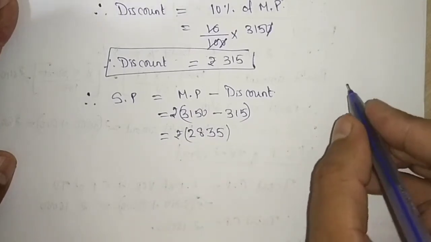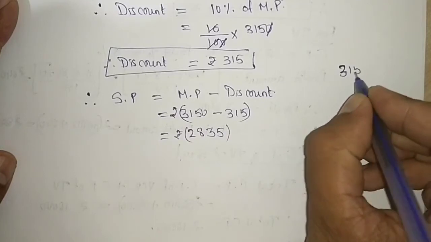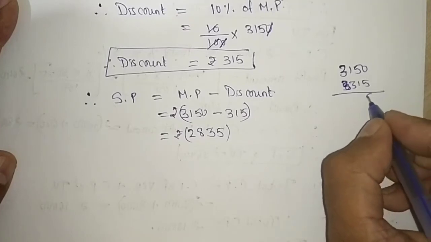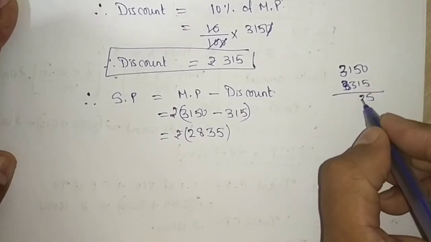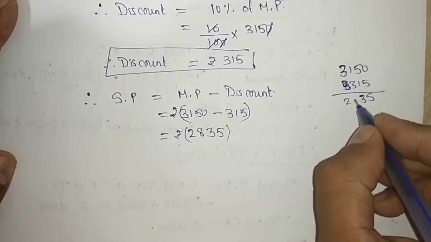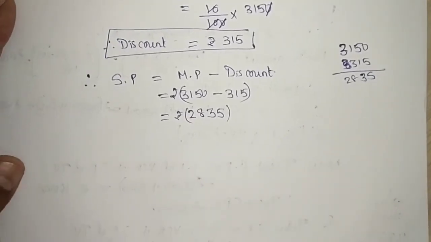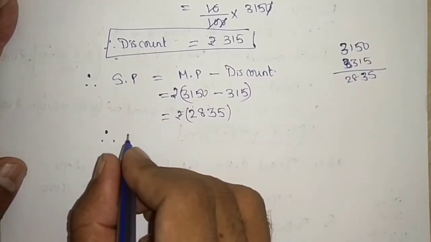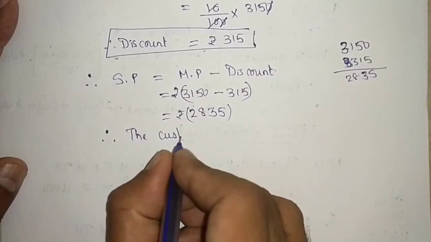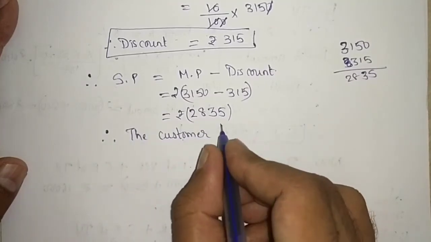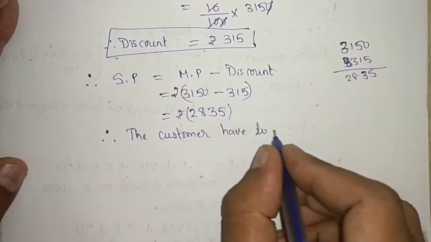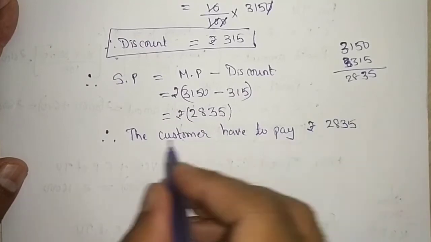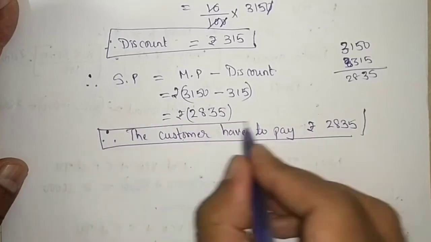If I am not wrong, let me calculate in rough here. Yes, it is 2835. So we will write like this. Therefore the customer has to pay rupees 2835. This is our answer.